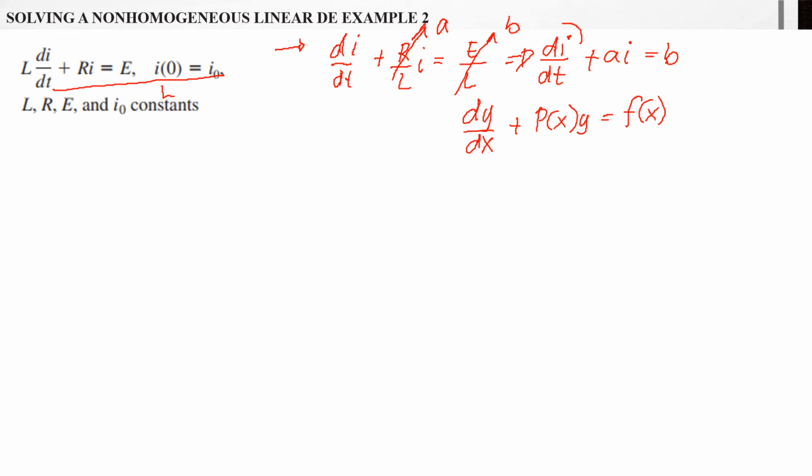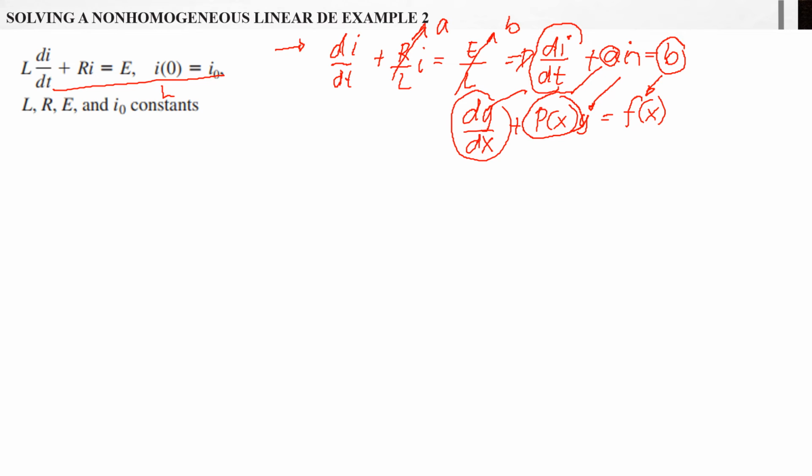So di/dt is similar in form to dy/dx. The A here is the function P of x, the I here is represented by y, and the B here is a constant which is represented by the function f of x.